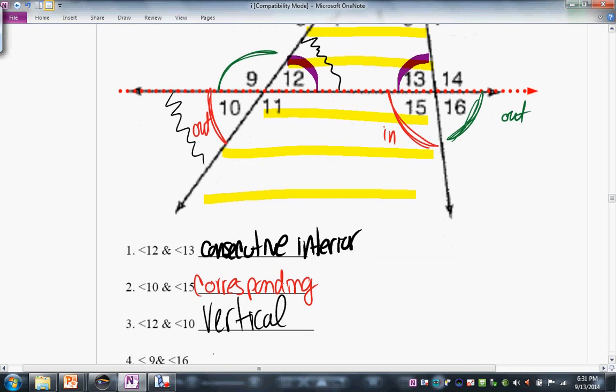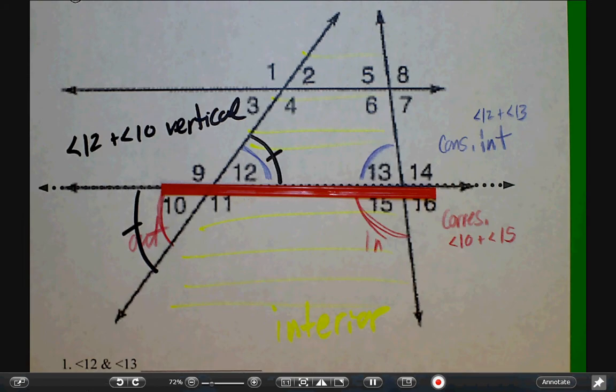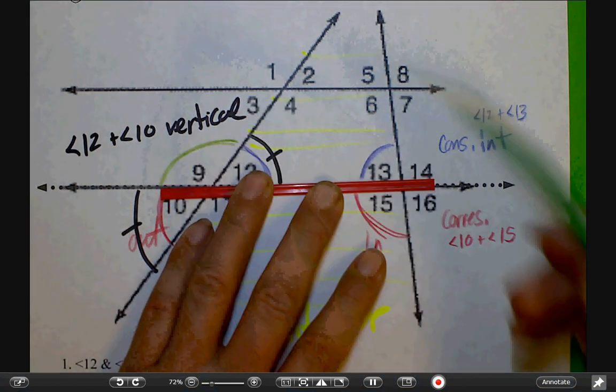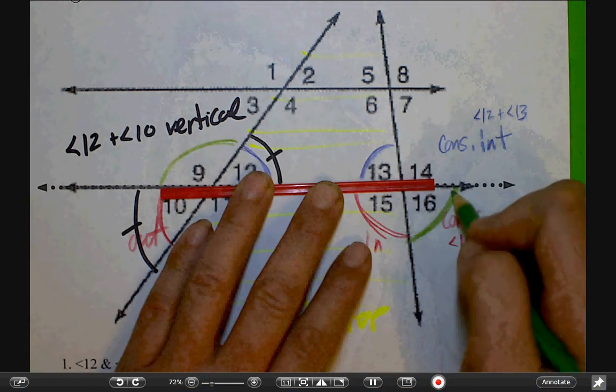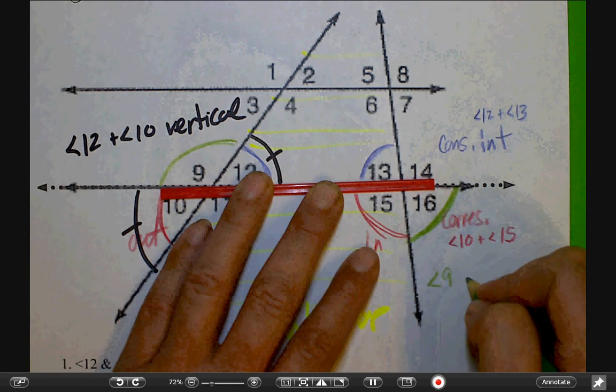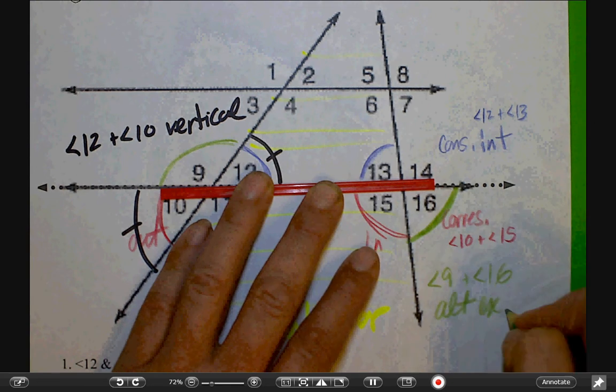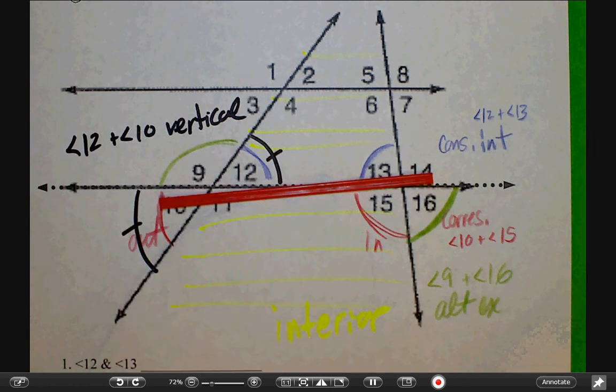So 9 and 16, that's going to be alternate exterior. They're both outside of the lines, but on opposite sides of the stir stick. So we would say angle 9 and angle 16 are alternate exterior.